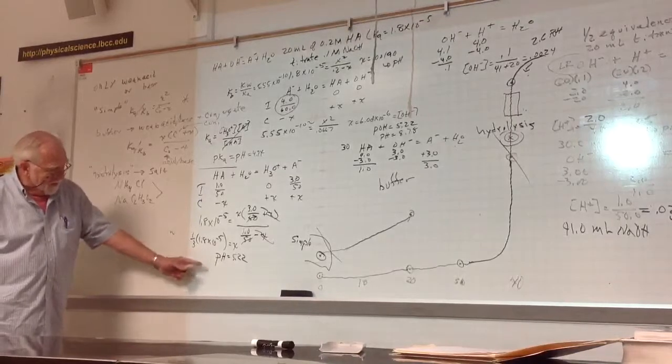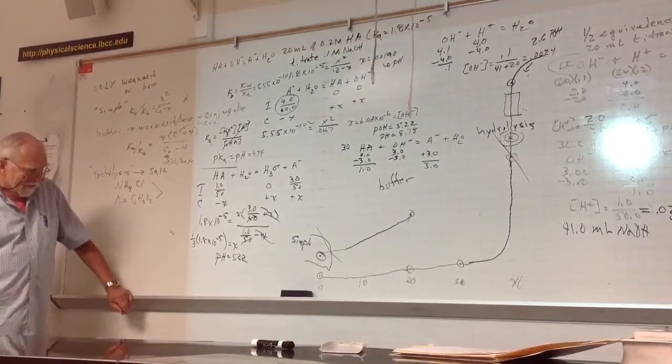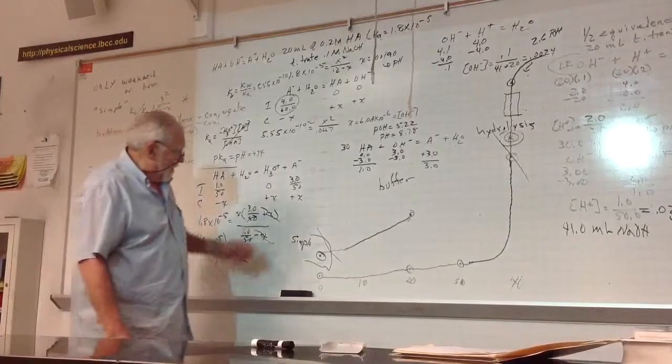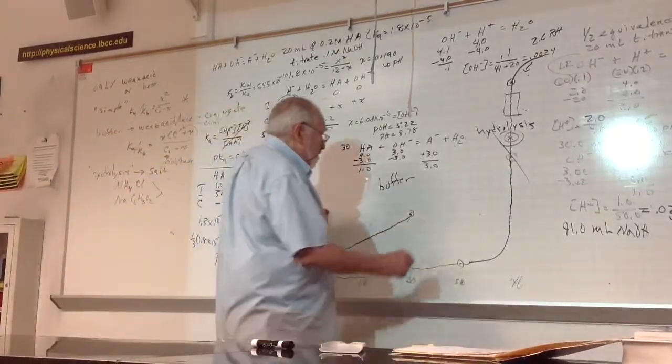If you show me the wrong answer for pH, then I have to do something. 5.22.